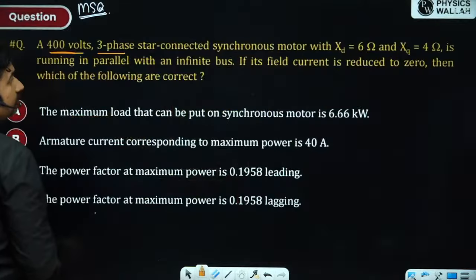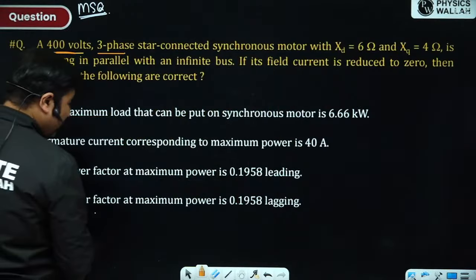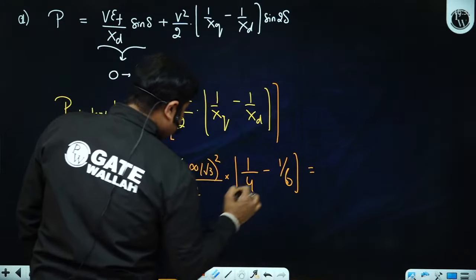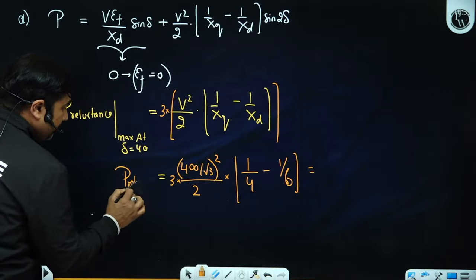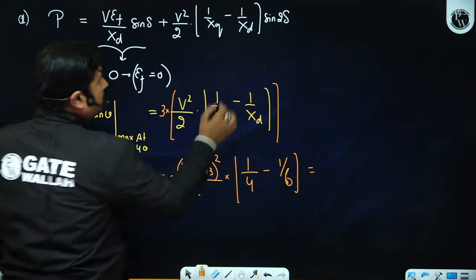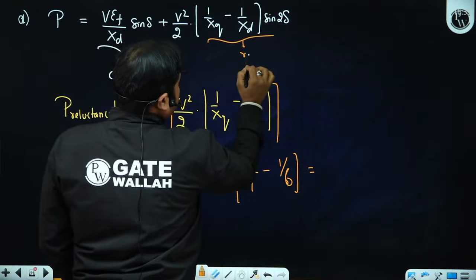Then 1 by 4 minus 1 by 6. Just you need to calculate this. Very easy. So what would be the maximum reluctance power?